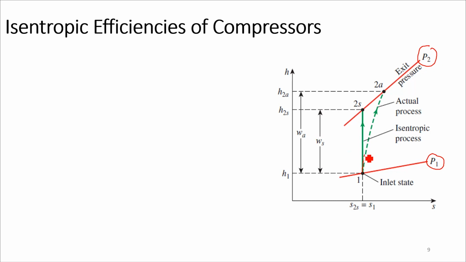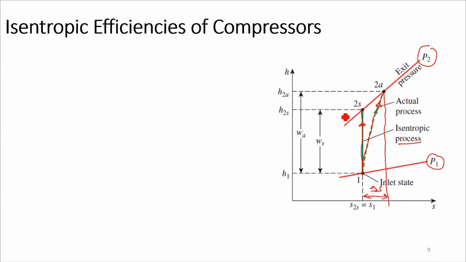The actual process again would be in this way, such that your entropy is increasing. The isentropic process or the ideal process is the process in which your entropy is constant.